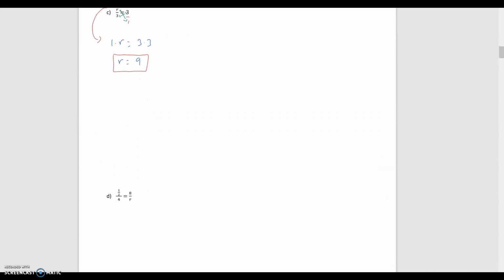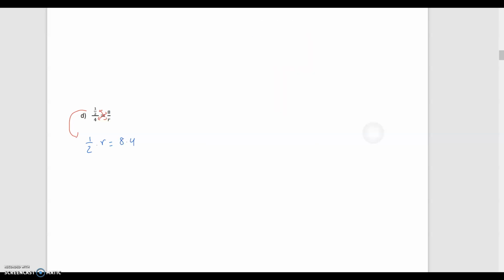Let's move on to D. And D, cross multiplication would be fine. We're going to multiply these two and those two. And on the left, we're going to have 1/2 times r. This is equal to 8 times 4.